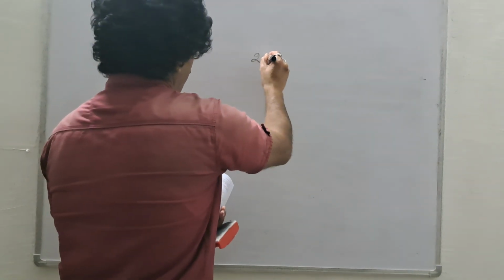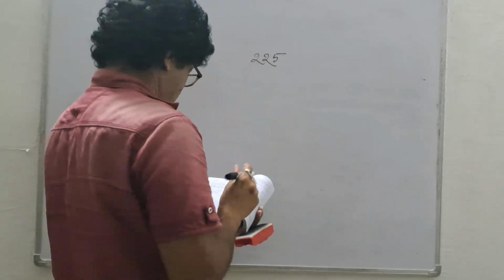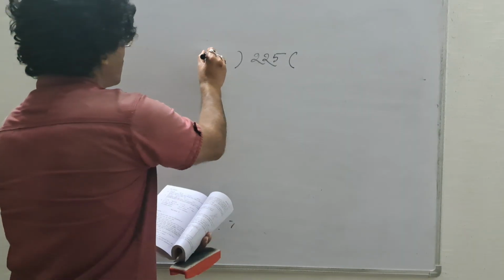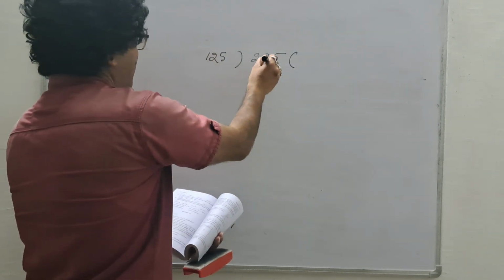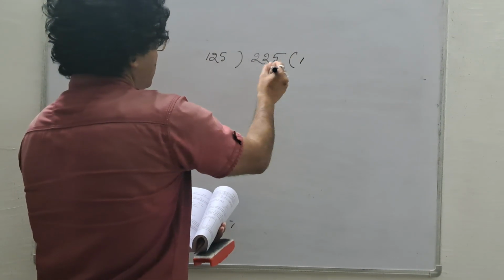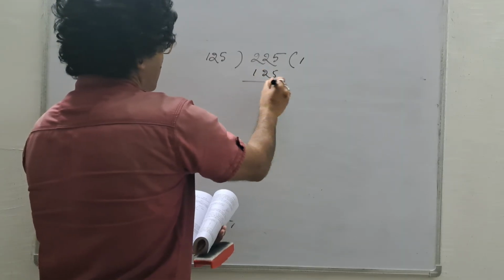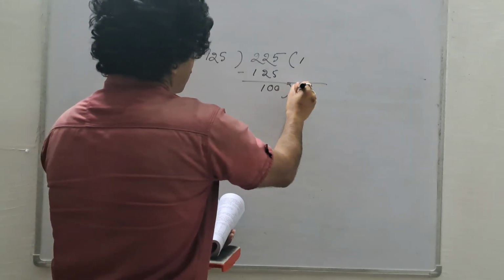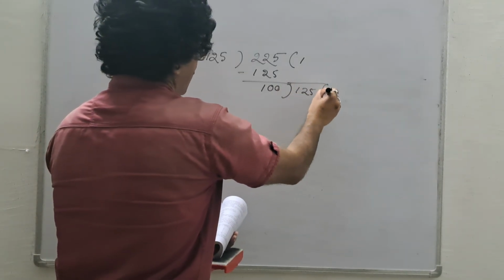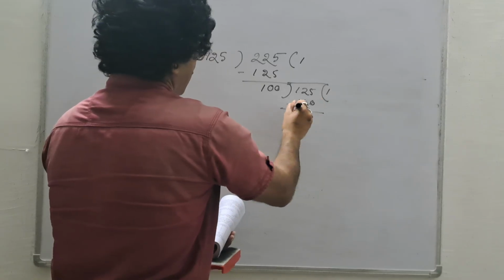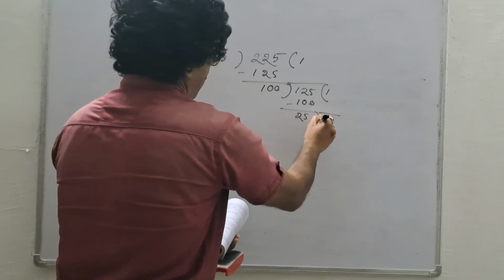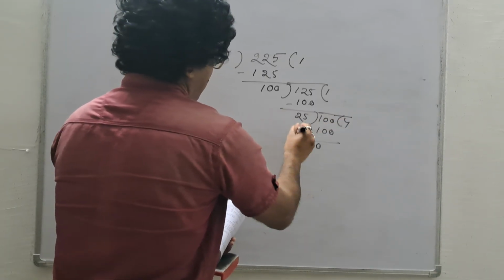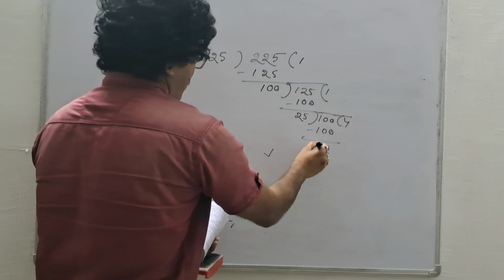225 kg of pea, 125 kg of gram. So 125 is smaller, so 225 should be divided by this. The remainder is 100. So 125 should be divided by 100, then the remainder is 25. Then 100 divided by 25, the remainder is 0.